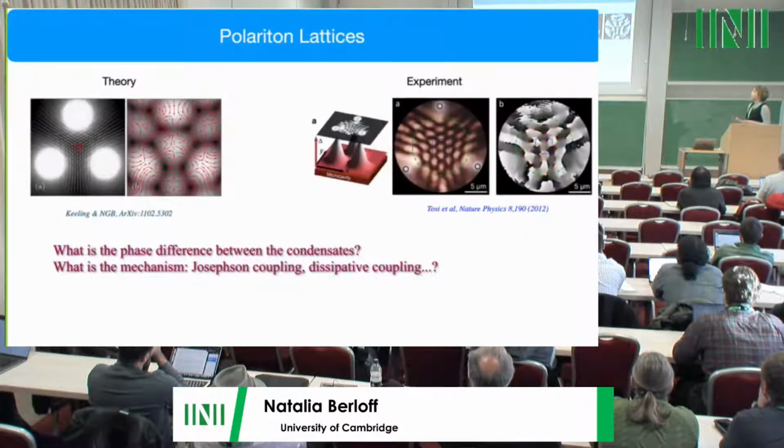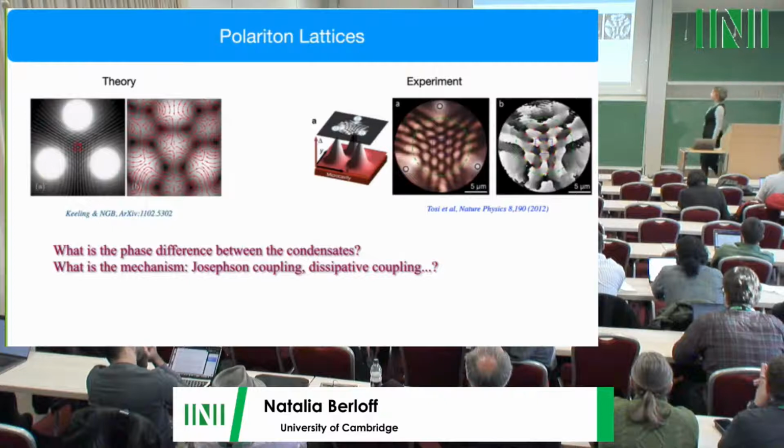Okay, to build a computer, you need to build the lattice. And so that started to work in collaboration with, it was our theoretical prediction with Jonathan Keeling, and then we followed with help from Jeremy Baumberg and his group. When the condensates are pumped, in this particular case, at the corners of an equilateral triangle, they establish this lattice of vortices, positive or negative winding.